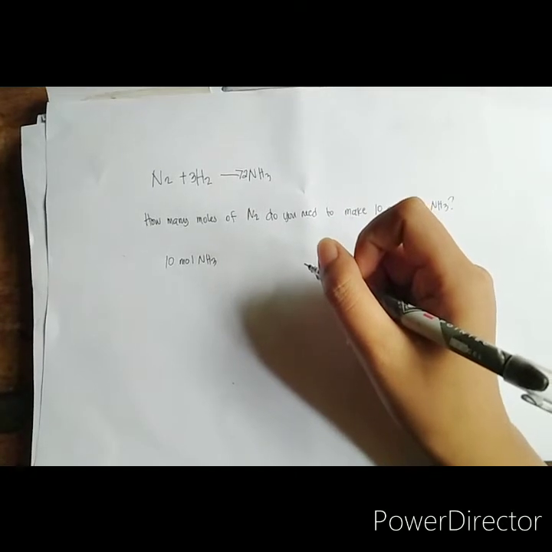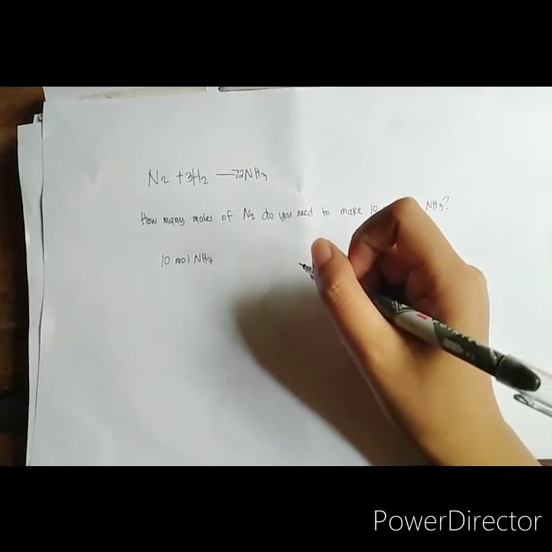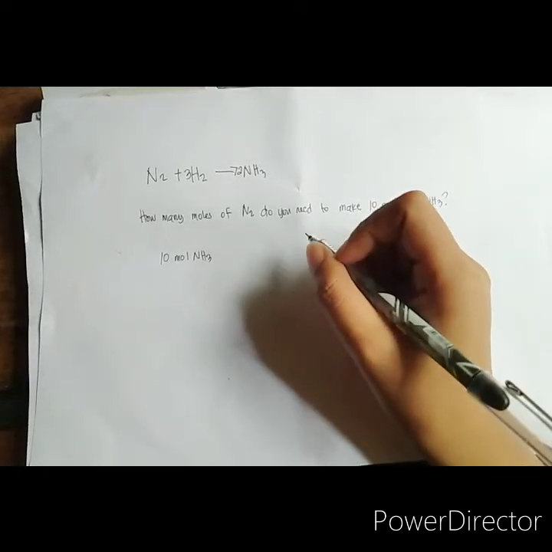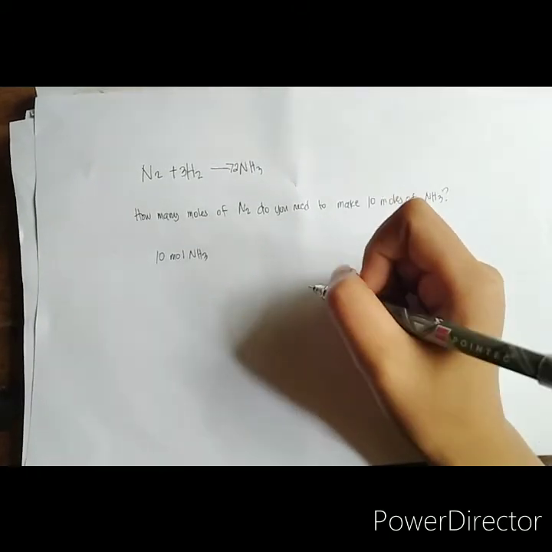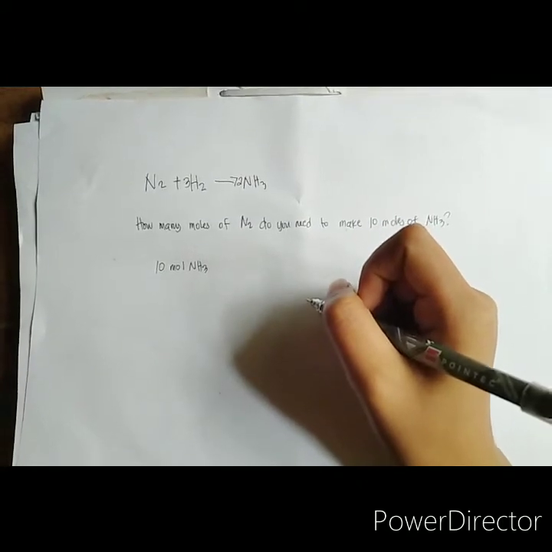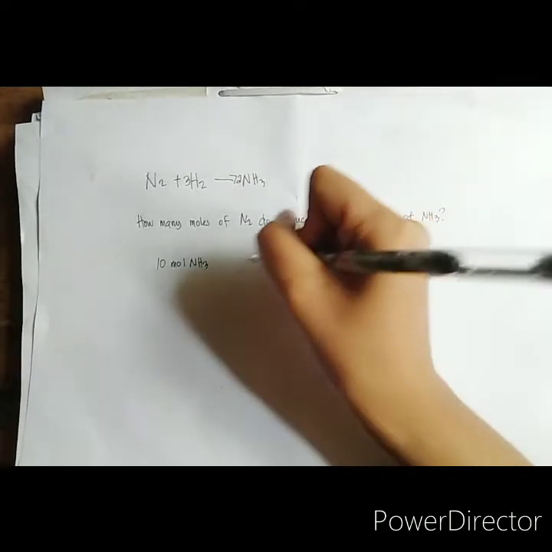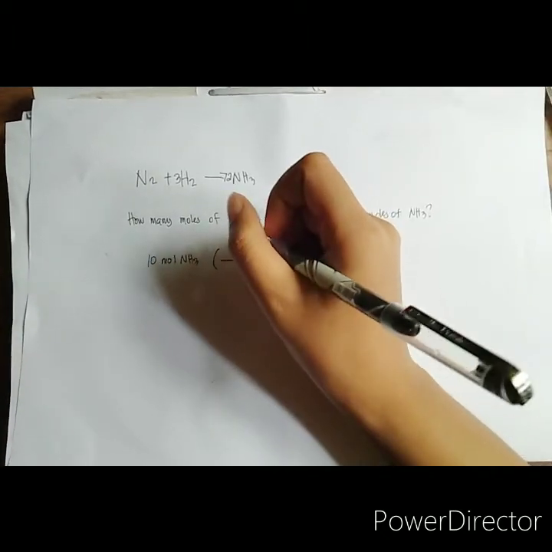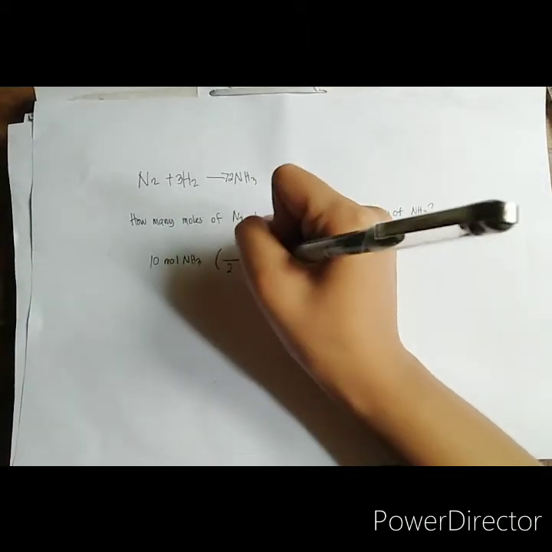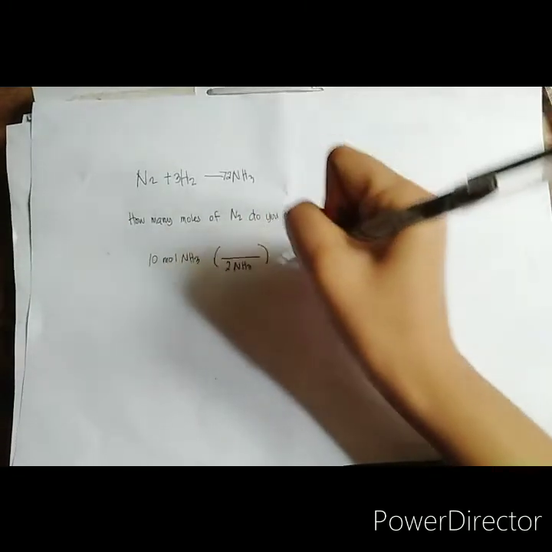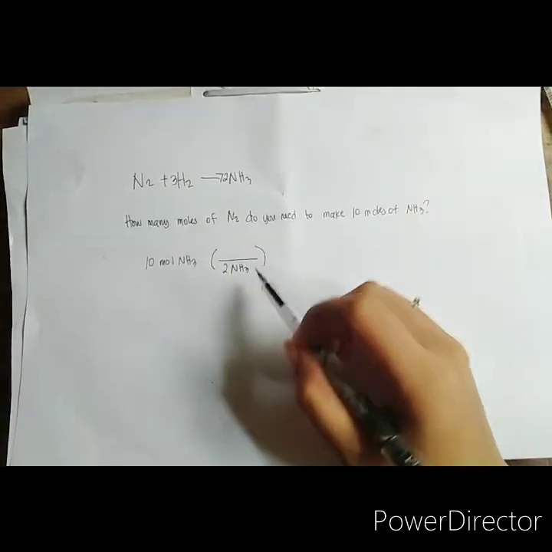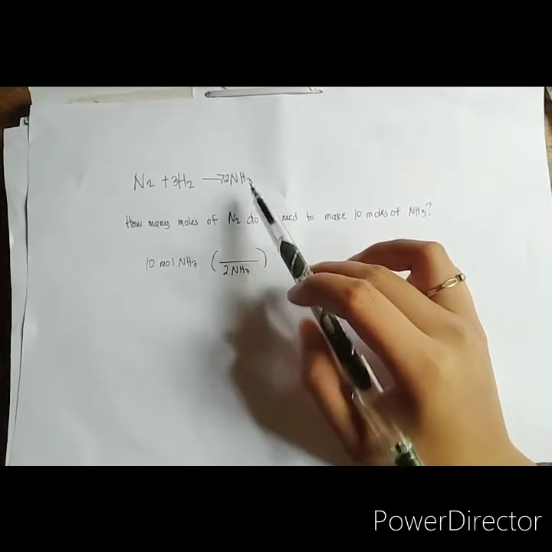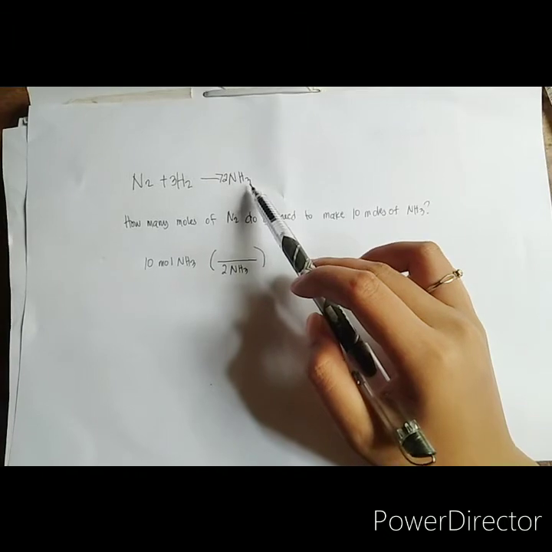Next, multiply this reaction or ratio of nitrogen, ammonia in the balanced reaction. Since we are starting the problem with ammonia, we put 2 in H3. We're going to put the 2 in H3 on the bottom. This 2 in H3 comes directly from the balanced equation, which is our reaction, which is here.